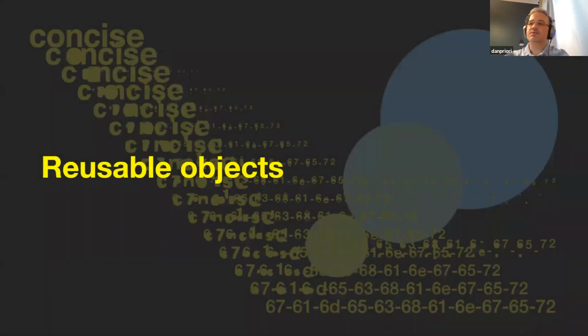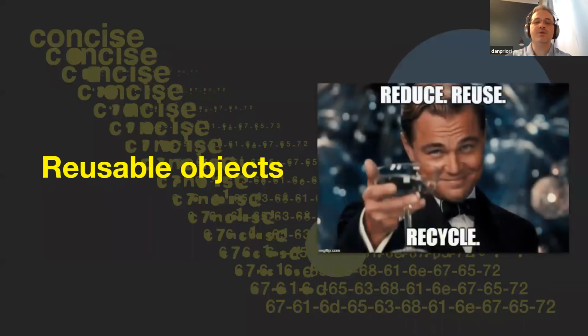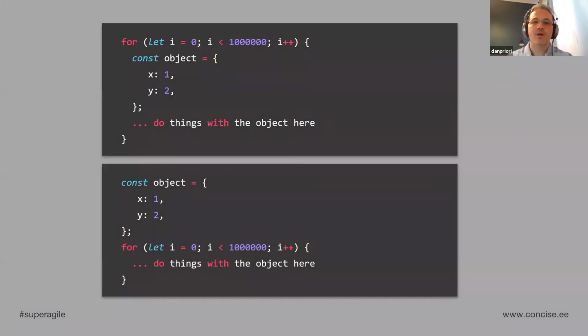So first, let's take a look inside the reusable objects. It's the first tip that I will show you today. Okay, you can see here two pieces of code. They are more or less the same, you can say, but it's not the same. It's just an example, just a dummy example.